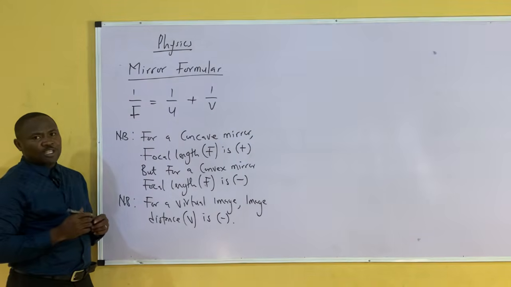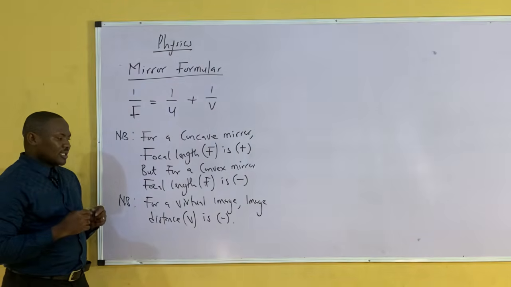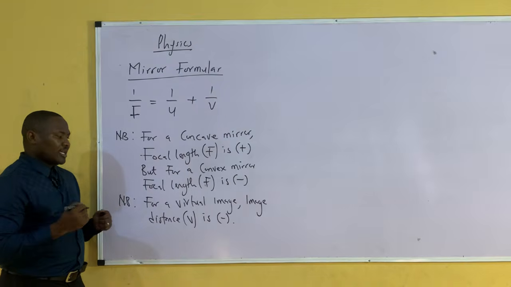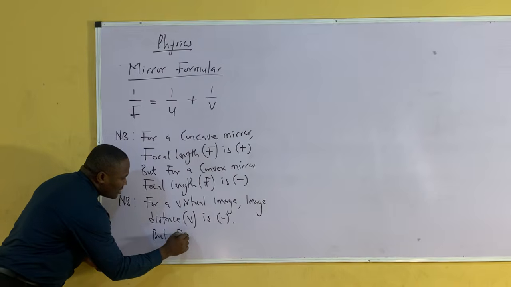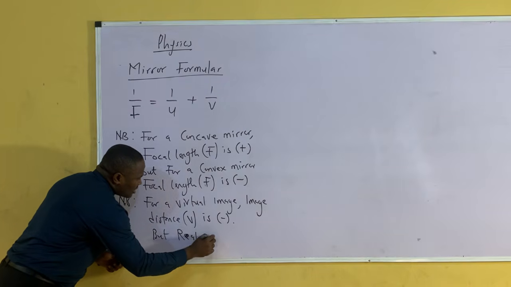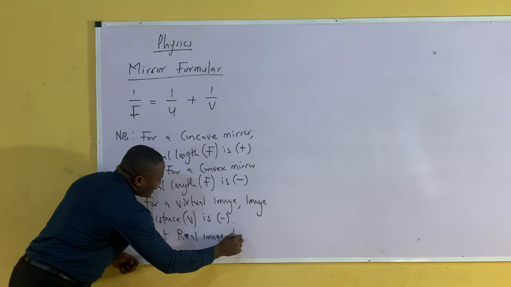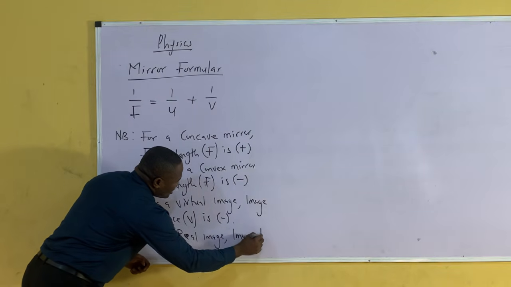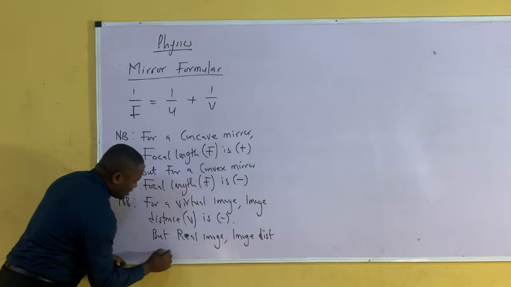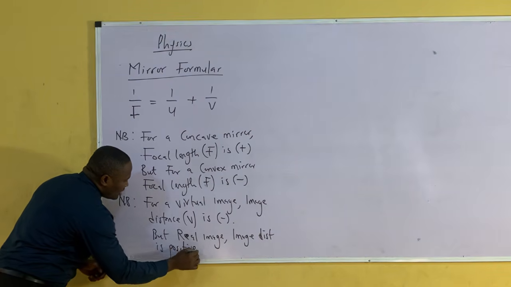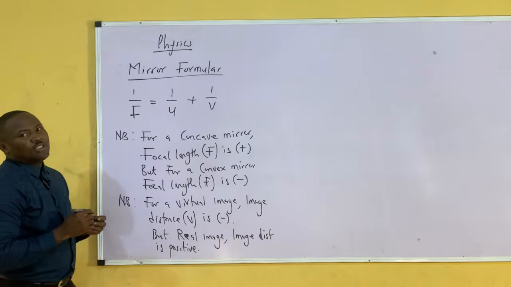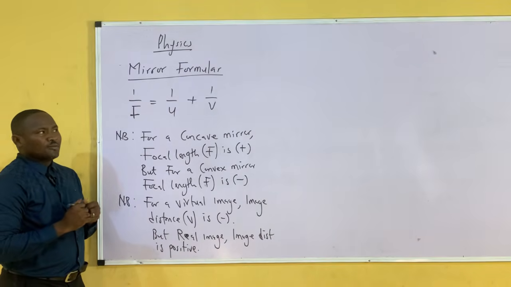For a virtual image, image distance v is negative, but for real images, image distance is positive. For real images, image distance is positive.